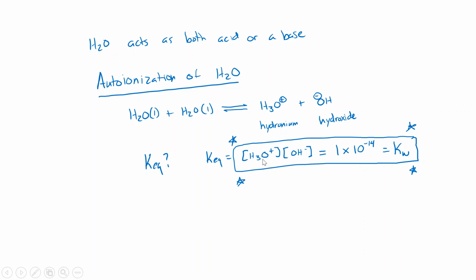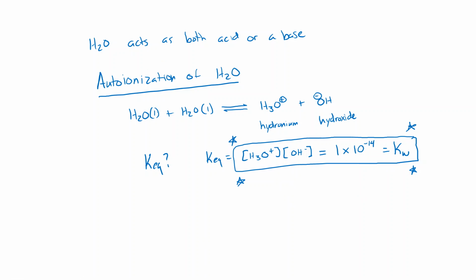But however much hydronium we have, the amount of hydroxide is determined by this relationship. If we multiply those two together, we get 1 times 10 to the negative 14th. So if we have a lot of H3O plus, we have an even smaller amount of OH minus. And if we have a lot of OH minus, we have an even smaller amount of H3O plus, because this always has to work out to be 1 times 10 to the negative 14th. All right. So what this tells us is a couple of things.